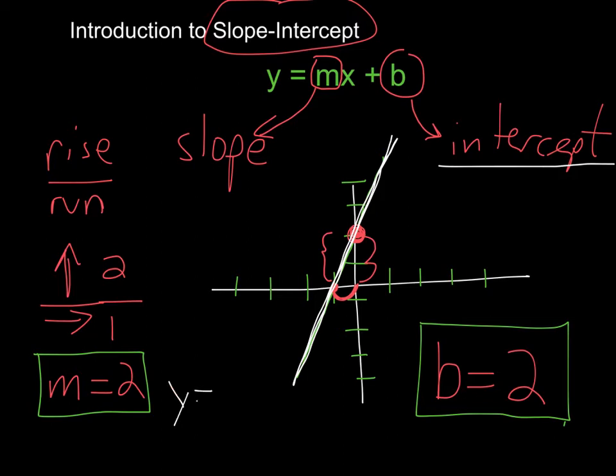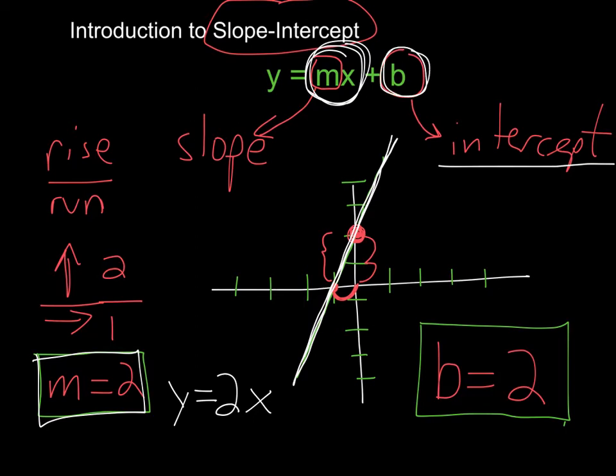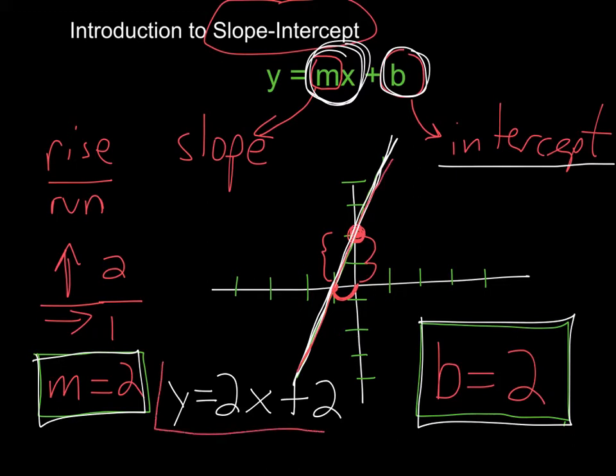Y equals m times x. We know what m is. It's 2x plus b. What is b? We figured that out over there. So the equation for this line is y equals 2x plus 2.